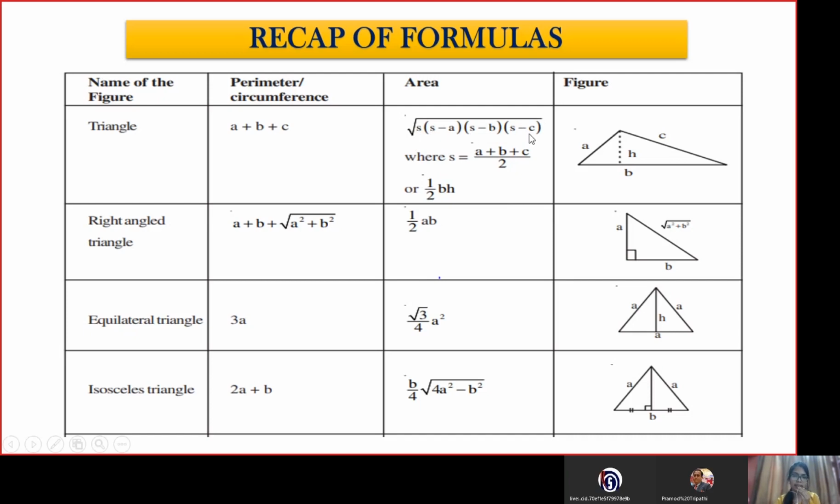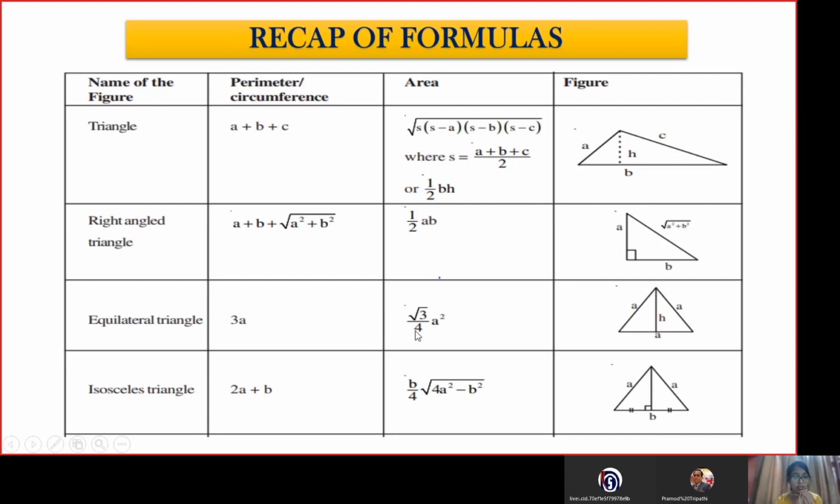Perimeter is found out using a common formula, sum of all sides. Okay? Perimeter will not be a big problem for you, because the simple formula for perimeter is the sum of all sides.